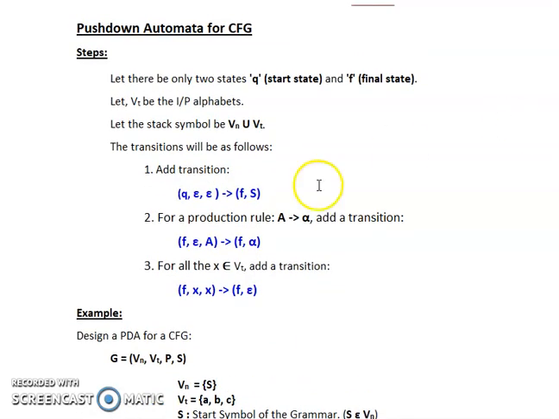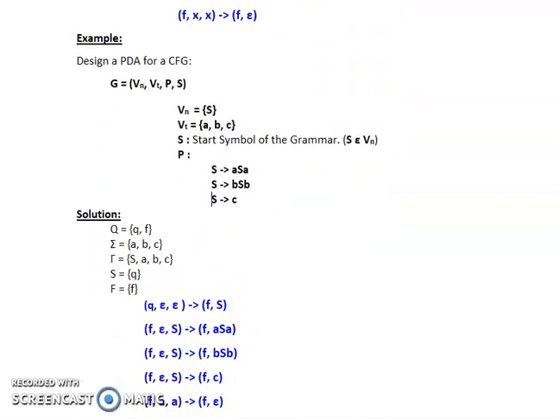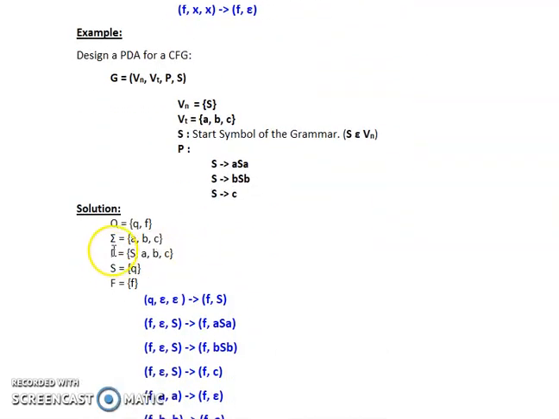Now according to the third step, let the stack symbols be Vn union Vt. So gamma of your push-down automata, that is the stack symbols, will be a union of two sets, Vn and Vt of your context-free grammar.